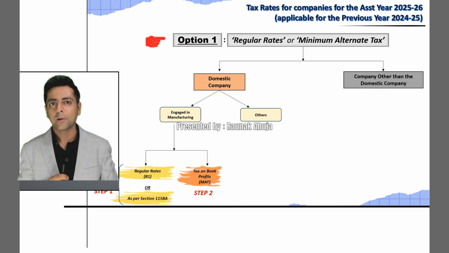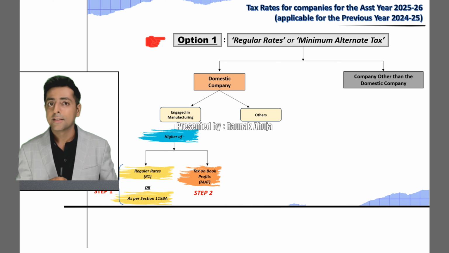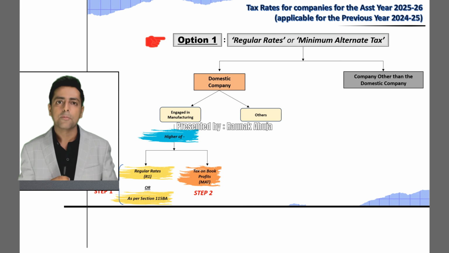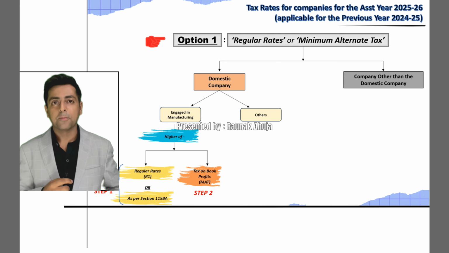Once the taxes are calculated as per the first step and the second step, the higher of these two taxes is considered as the tax payable. This means tax calculated by step 1 and step 2 are compared with each other, and whichever is higher is considered as the tax liability of such company.